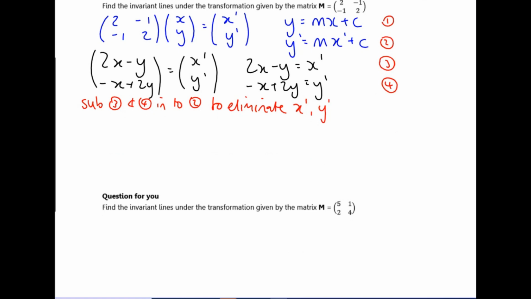So y dash from equation 4 is minus x plus 2y. That goes on the left-hand side. That equals m times x dash, which from equation 3 is 2x minus y, and then I've got plus c on the end.